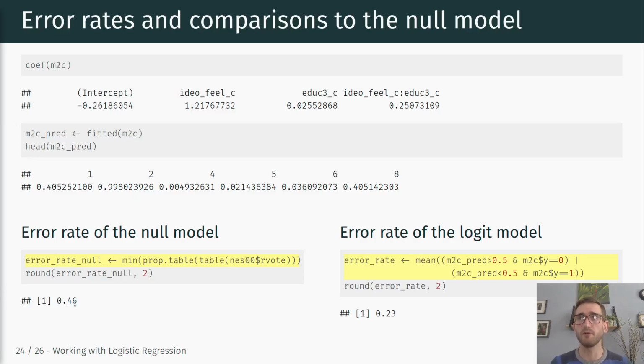If we have very rare events or very frequent events, then these model fits based on simple error rates that are based on assignment of 0.5 can actually be problematic and not really tell us whether a model is better, even though it actually performs quite well. Okay, so the error rate can be useful as a summary, but ultimately it doesn't tell us the whole story.